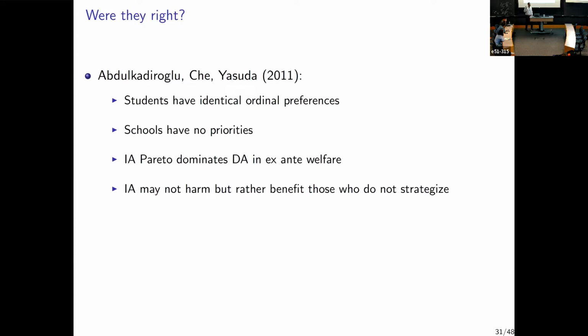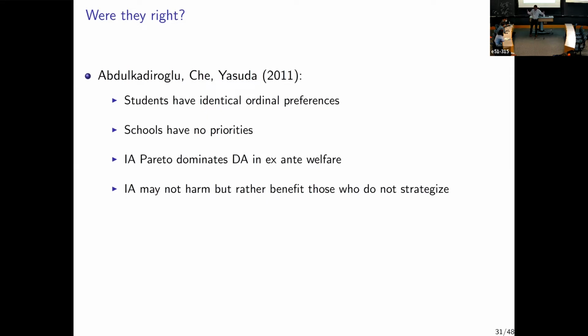So let me say it aloud so the people online hear it. Suppose that we have, again, A preferred to B preferred to C by everybody. Now we have this group of people that strategize. So what does strategizing mean? In this case, it means that I'm going to rank B first instead of A. But what that means is that now fewer people are ranking A as a first choice.